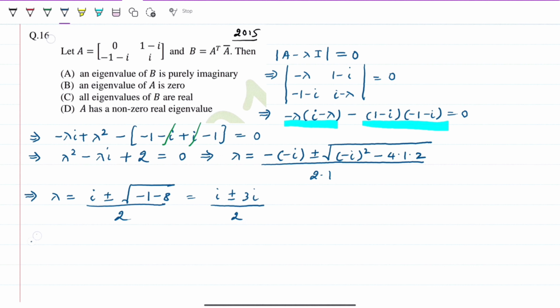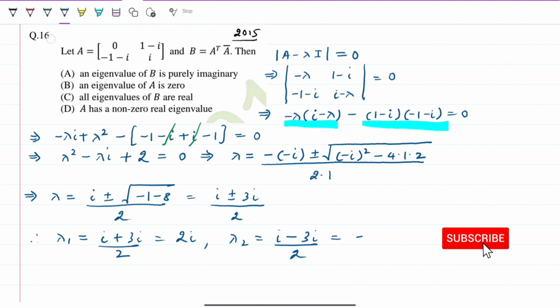So we get the two eigenvalues to be I plus 3i over 2, that's 4i over 2 reducing to 2i, and I minus 3i over 2, so again this is going to be negative 2i over 2, that is negative I.